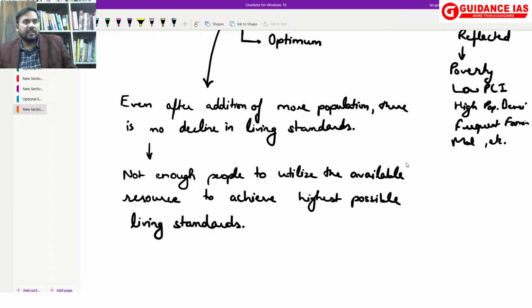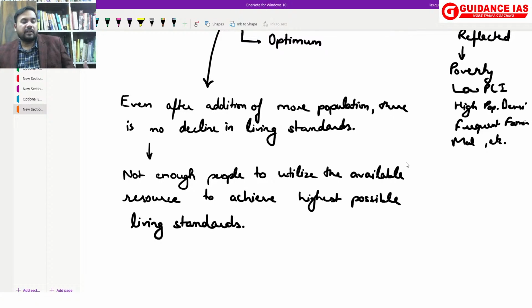For example, much of South Asia is overpopulated. On the other hand, if I have to give examples of underpopulation, tell me which areas we can say are underpopulated. There are two types of underpopulated areas: one found in the developing world, and second found in the developed world. Countries like Latin America and Sub-Saharan Africa are underpopulated.